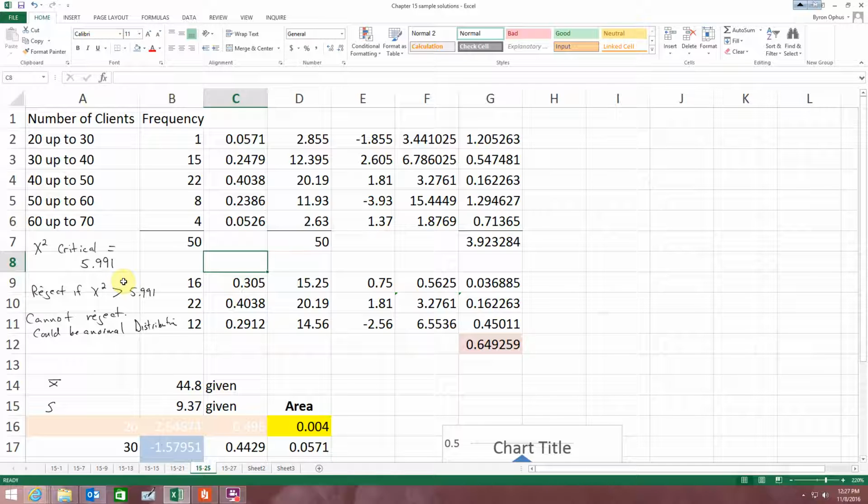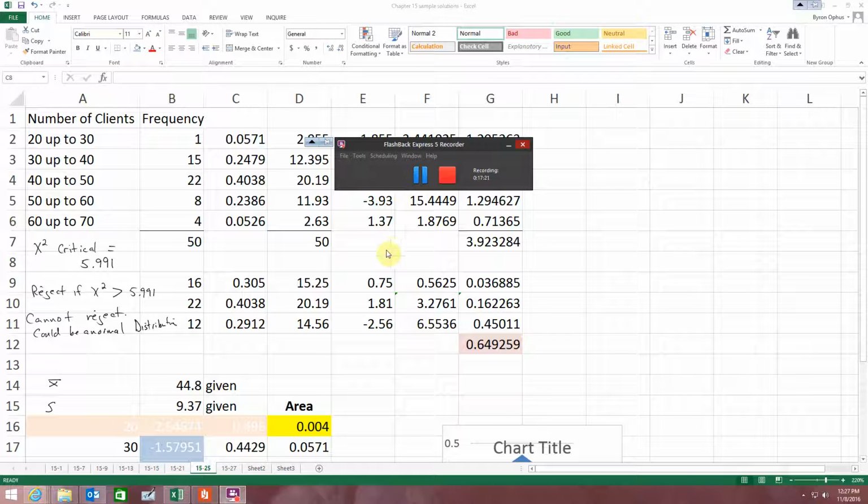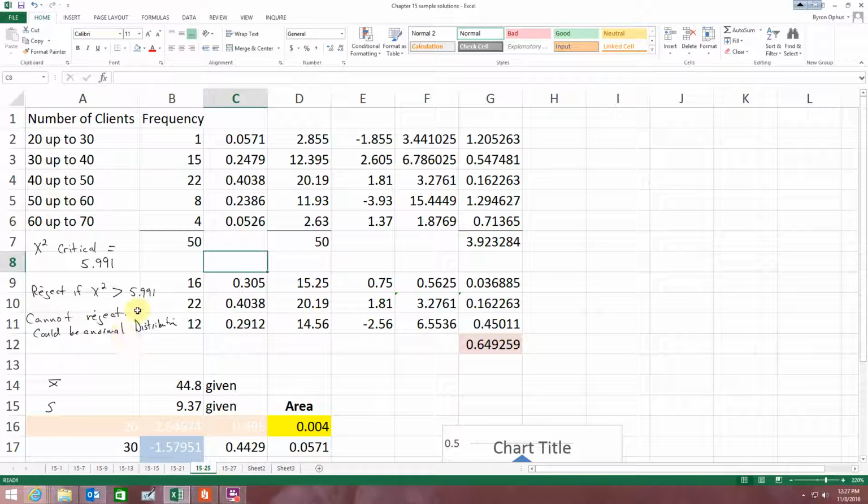So my null hypothesis is that it's not a normal distribution, right? Okay, hang on a second. Let me make sure I got that right. No, I said that backwards. My null hypothesis is that it follows a normal distribution.